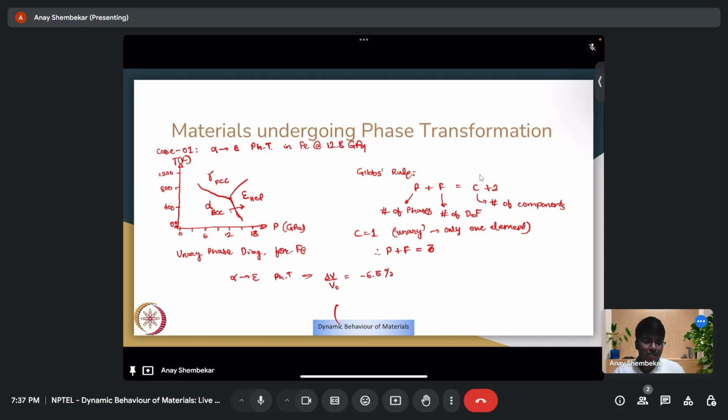So there is a 6.5% reduction in volume, and what we also see from the PT diagram is that dP by dT is negative. From the pressure temperature diagram, I just highlight that.